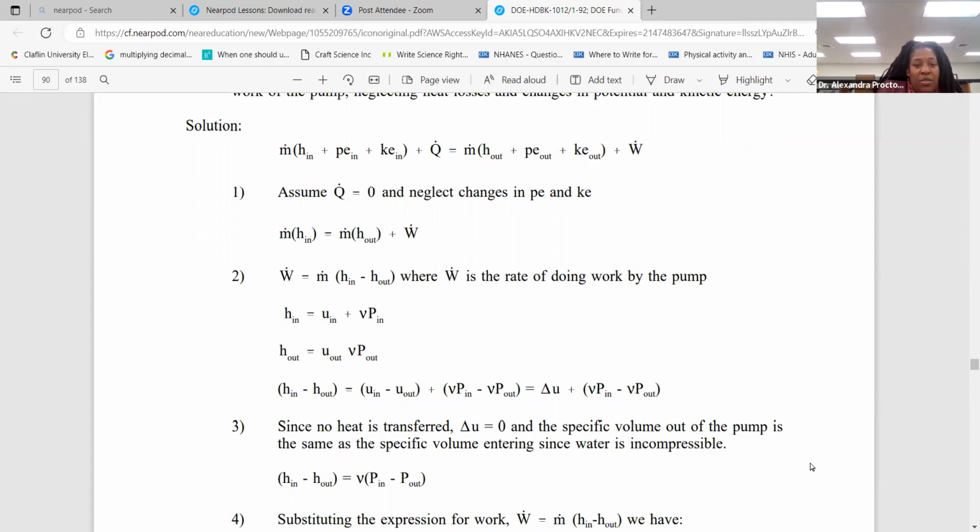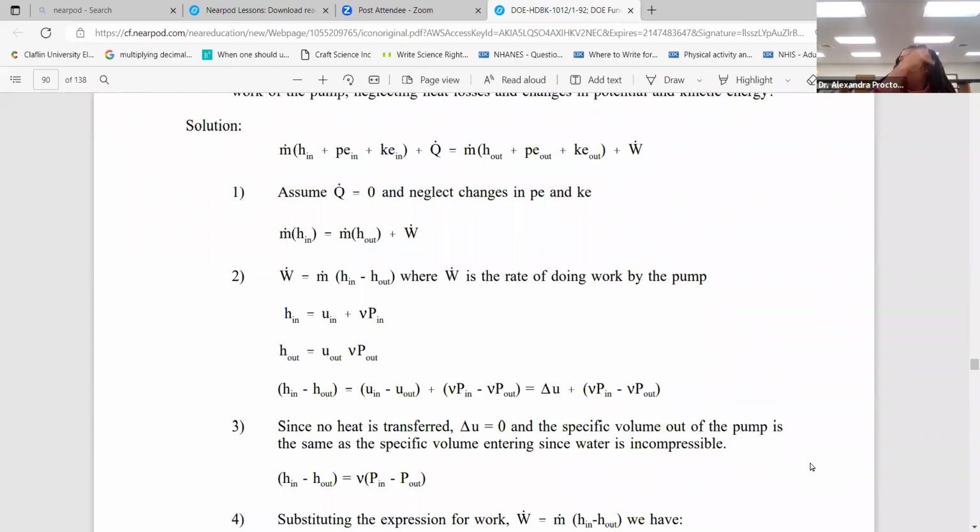H in is equal to U in plus VP in. H out is equal to U out plus VP out. So H in minus H out is equal to U in minus U out plus VP in minus VP out, which is also equal to delta U, in minus out.